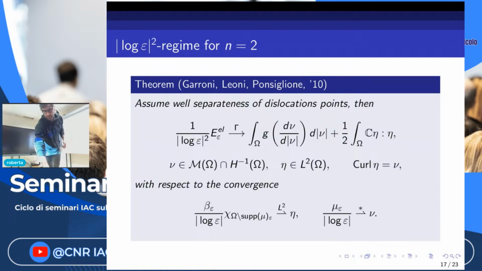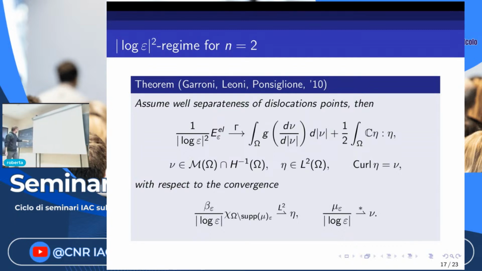And the result that they proved is, again, in terms of gamma convergence. The relevant scaling right now is log epsilon squared, because you have the previous scaling for one dislocation, and you have log epsilon dislocations, so you have to rescale also by log epsilon.